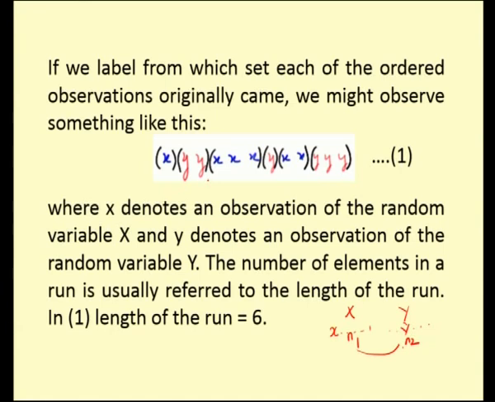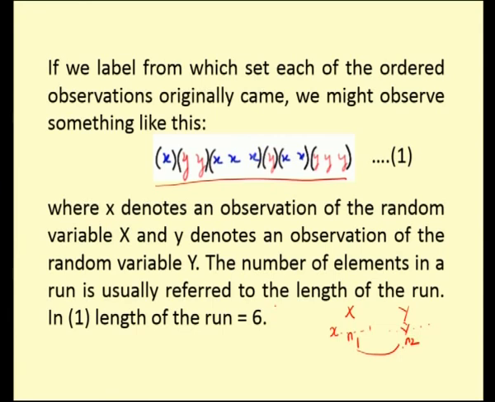Here I have shown one particular model, where x denotes an observation of the random variable x and y denotes an observation of the random variable y. The number of elements in a run is usually referred to as the length of the run.